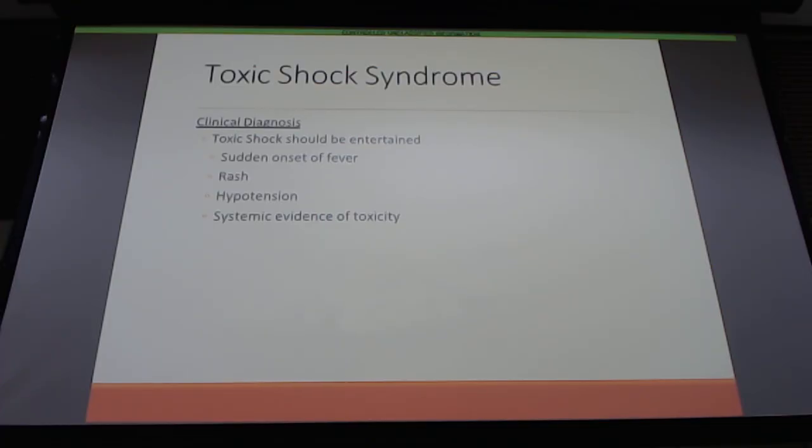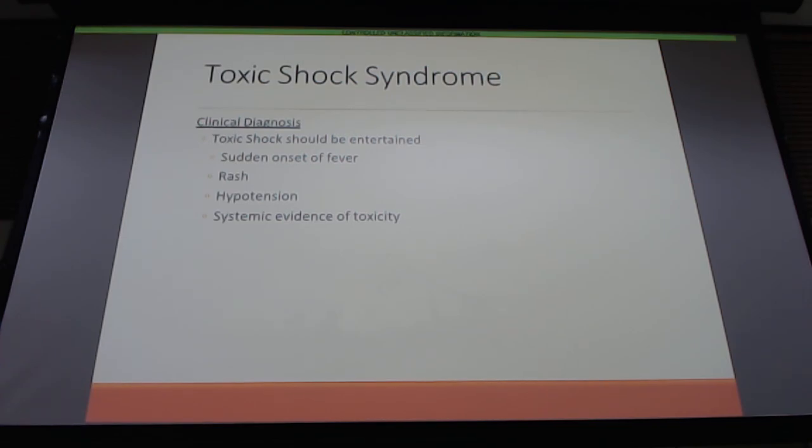So if you see any of these, you should probably think of toxic shock syndrome: sudden onset of fever, rash, hypotension, and systemic evidence of toxicity. All right. Women, most common. Right? Usually it's post having the tampon in for long periods of time, using pessaries, using cervical caps, using menstrual cups.